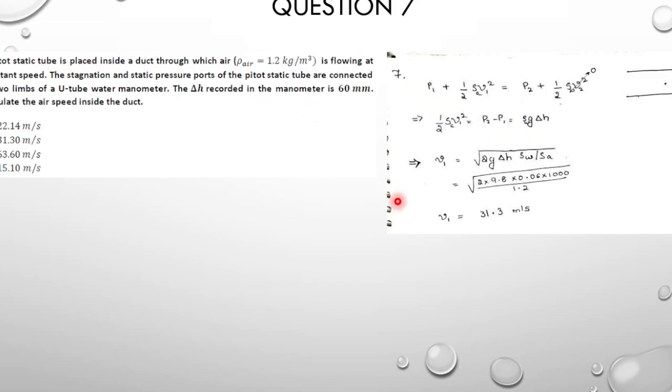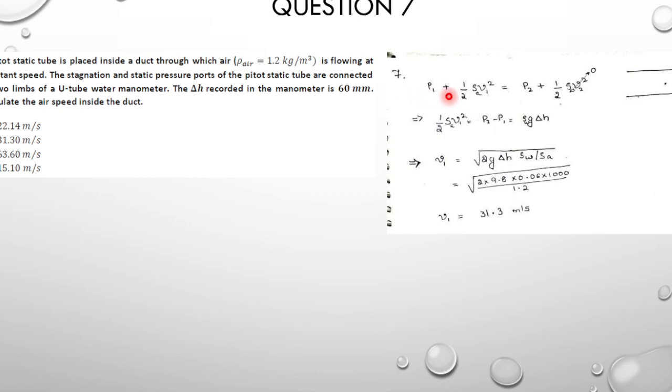So you have the Bernoulli equation here, the conservation equation: the total kinetic energy plus the pressure energy remains constant.